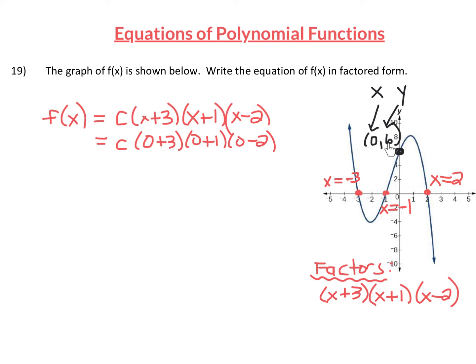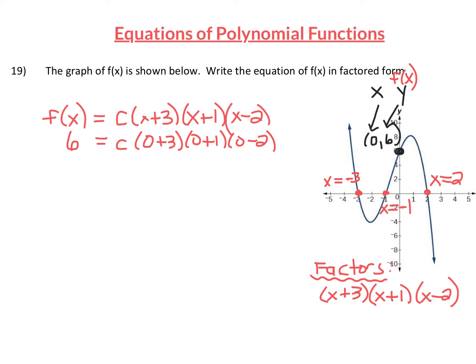Now we don't technically see a y, but do you remember when you see f of x, that's basically another way of saying y equals? So let me put this over here. y is the same thing as f of x in an equation. This is function notation. This is the function in terms of x, but it means y equals. So wherever we see f of x, we're going to replace it with a 6.